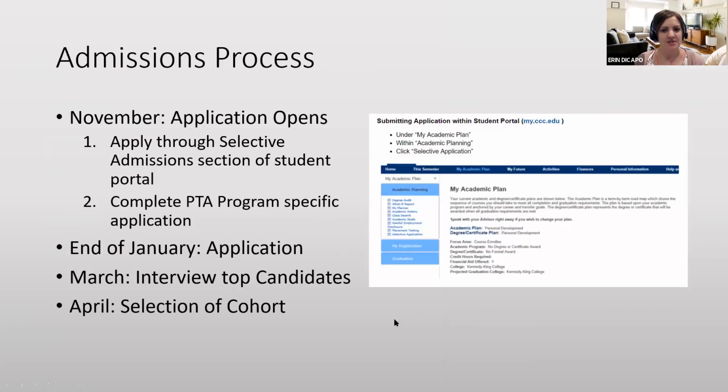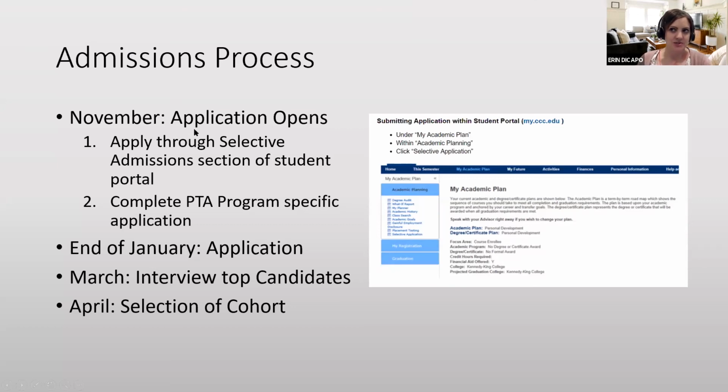Okay, so the general timeframe for the admissions process each year. You first want to make a plan for those prerequisite courses, and then keep this timeline in the back of your head as well. Each year, the application process opens in November.